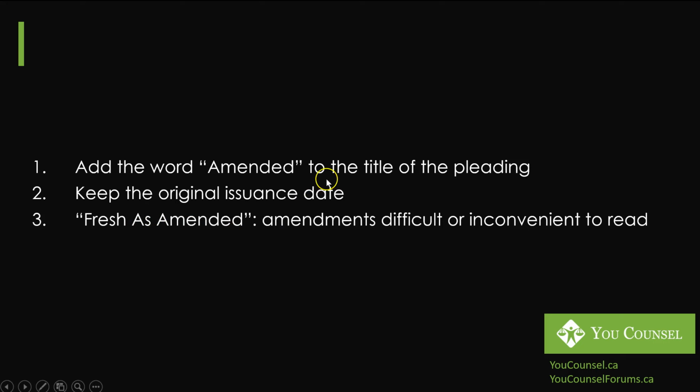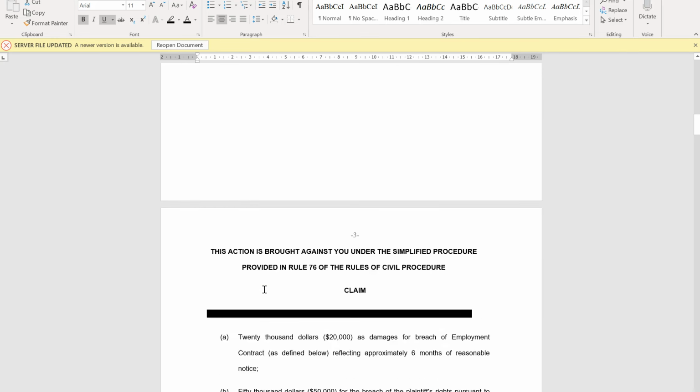Now, fresh as amended is another term that you can use. Essentially, if your changes or amendments are so cumbersome that it will be difficult or inconvenient to read that document, then you can create a fresh document with all the changes that you want. You do not underline anything, except that you change the title to fresh as amended. So the rest of the pleading will be the same without any underlining because it's a fresh document.